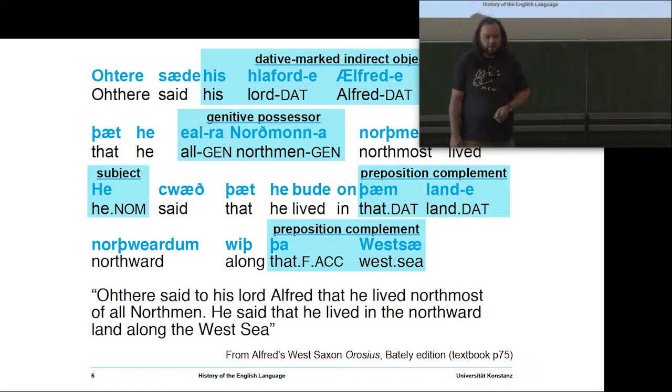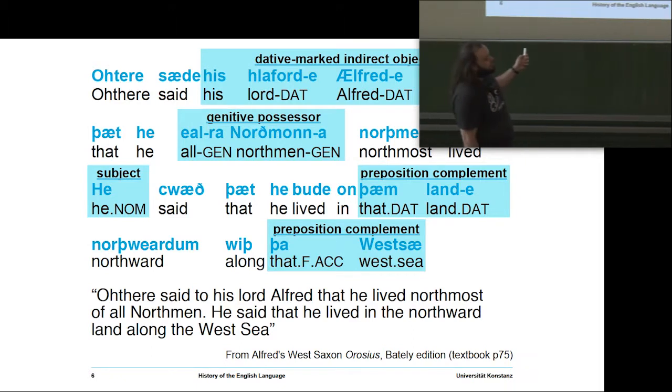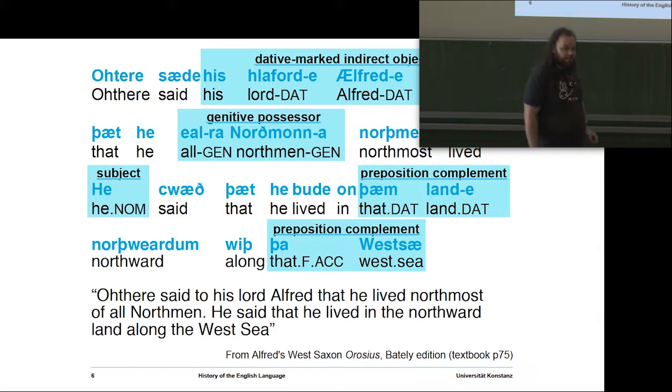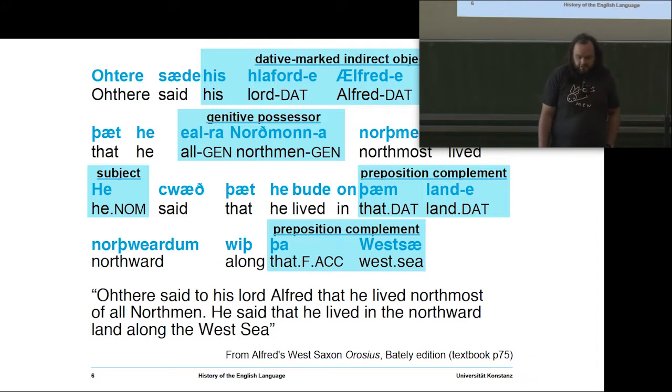And those E's on the end of nouns are a good indication. It's not foolproof, because you can see there's an E on the end of this name, Ohthere, and that's not in the dative case. But if you see an E on the end of a noun, a good guess as a first attempt would be that it is a dative singular noun.